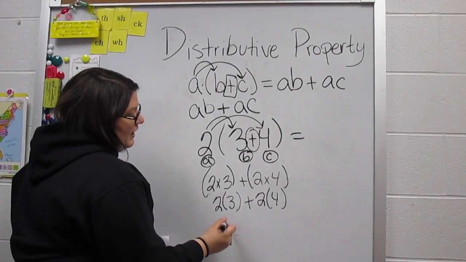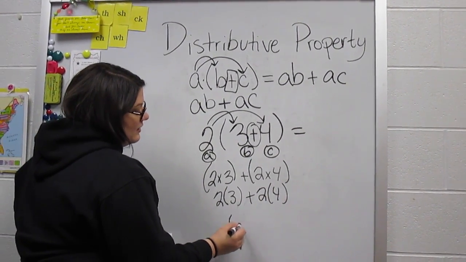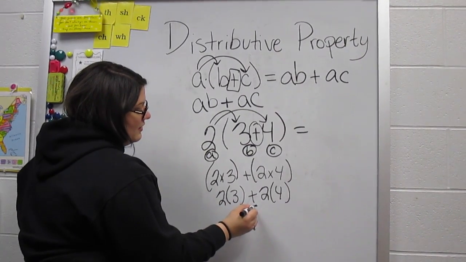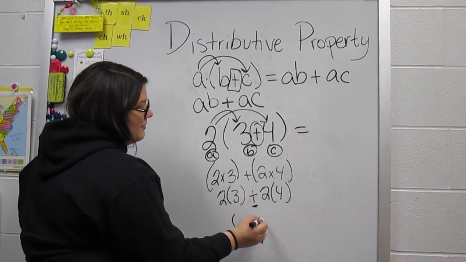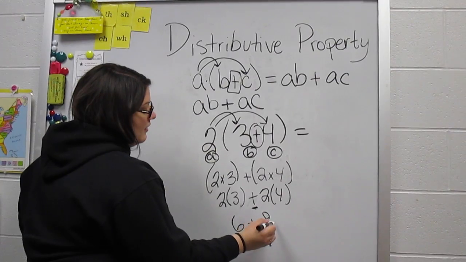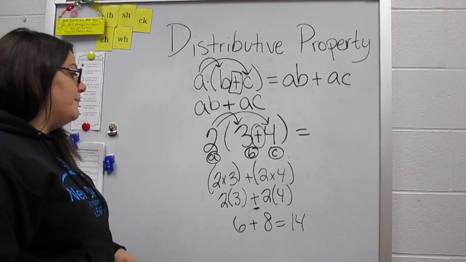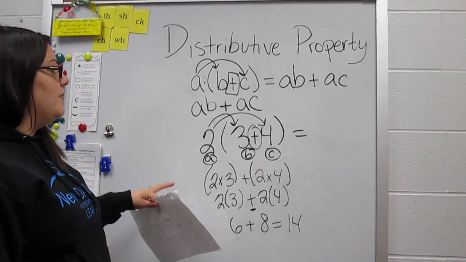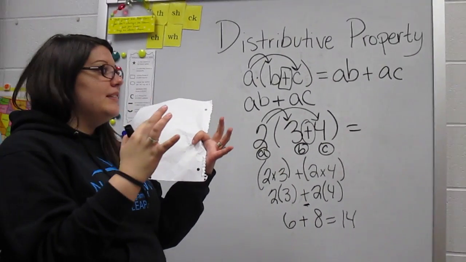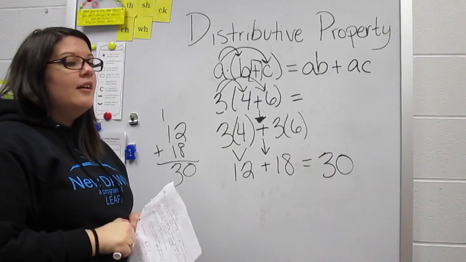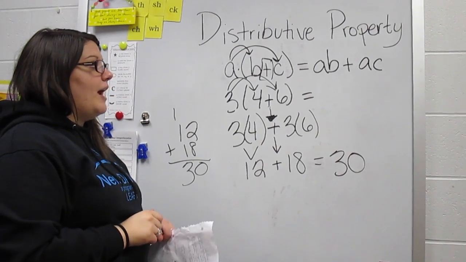So 2 times 3 is 6. We're going to drop this symbol here. And 2 times 4 is 8. That would leave us with the answer of 14. Okay? So pretty much the distributive property has to have parentheses. That parentheses tells you what you're distributing. Okay? And then we'll have a couple more practices with this later on in the lesson.